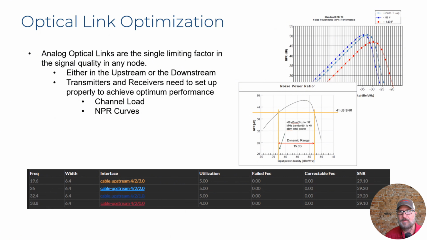But one of the things that I didn't really understand as a young tech was that the analog optical link was the single limiting factor in the signal quality of any node. And that if your optical link wasn't optimized properly, then your signal quality in the node, either in the upstream or the downstream, would never be better than whatever the NPR figure of the optics were.